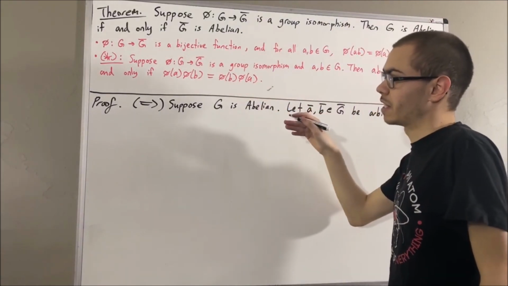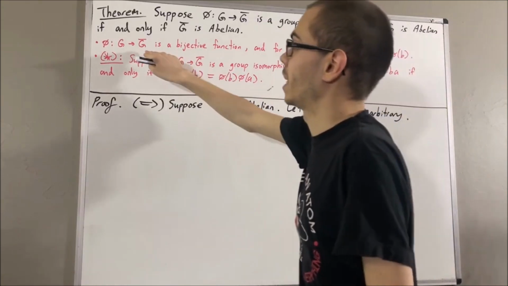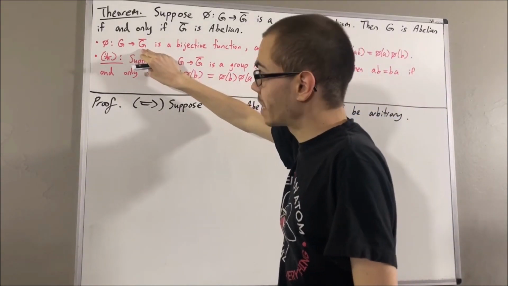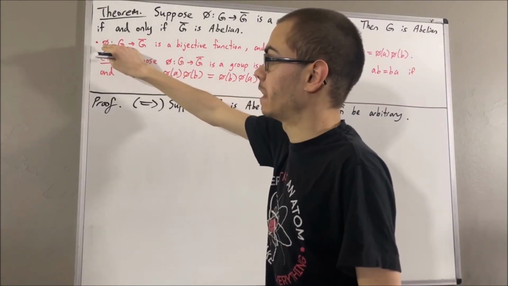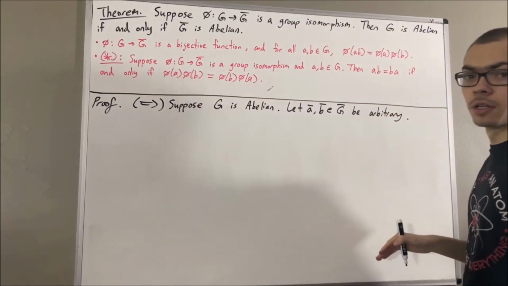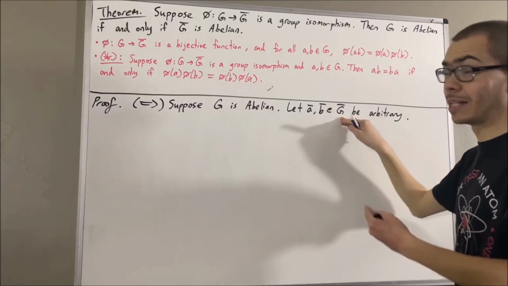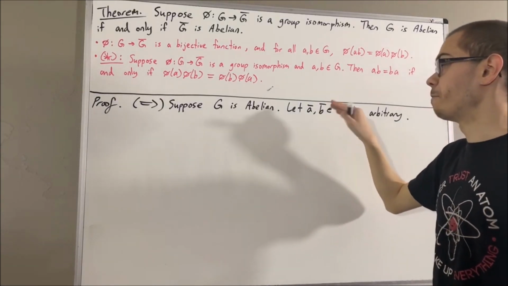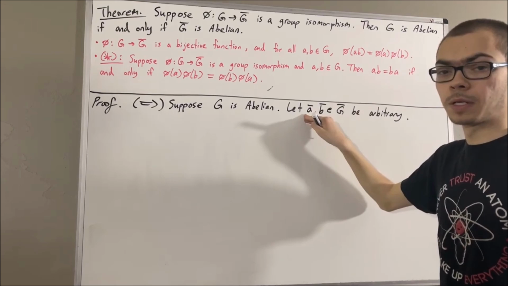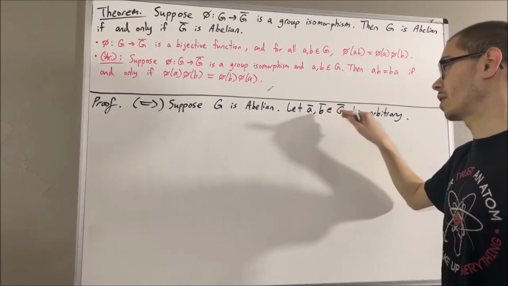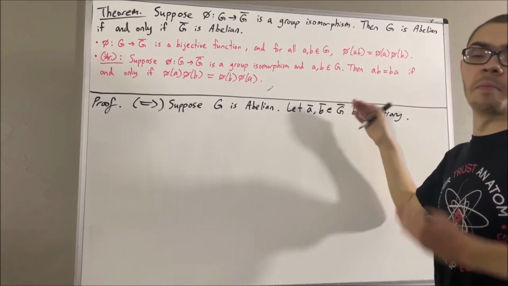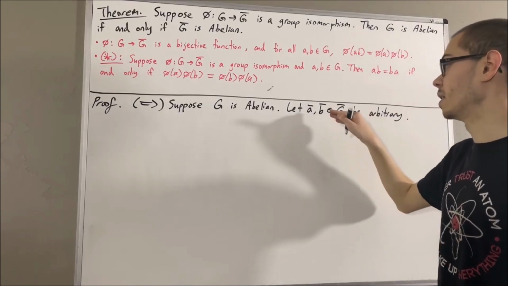And what that means is, if we have any element y in G bar, then there must exist an element x in G, such that phi of x is equal to y. So in that case, since A bar is an element of G bar, there must exist an element A in G, such that phi of A is equal to A bar. Similarly, since B bar is an element of G bar, there must exist an element B in G, such that phi of B is equal to B bar.